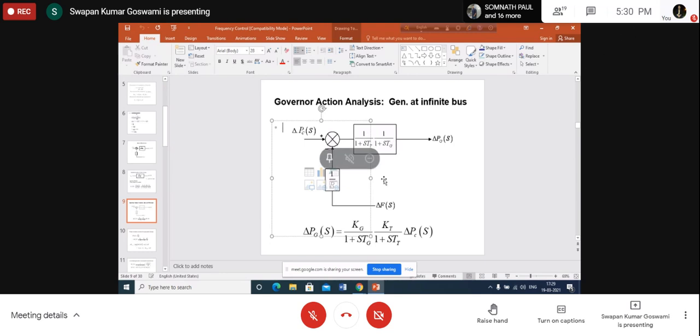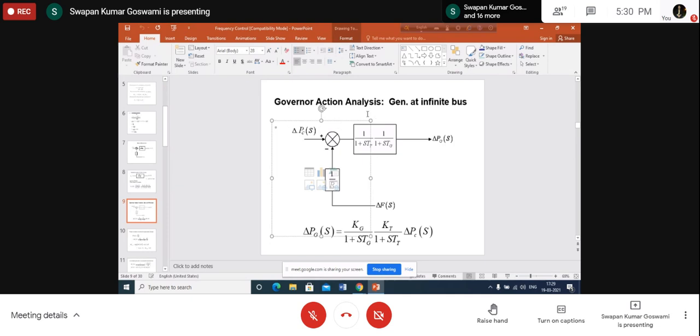Let us see how these two may be analyzed when the system is connected to the power system. Let us assume that we are analyzing the governor action, governor as well as turbine. How is the governor operating? We shall try to find out the meaning of that R, governor regulation, I have mentioned. That's why we are making this analysis here.